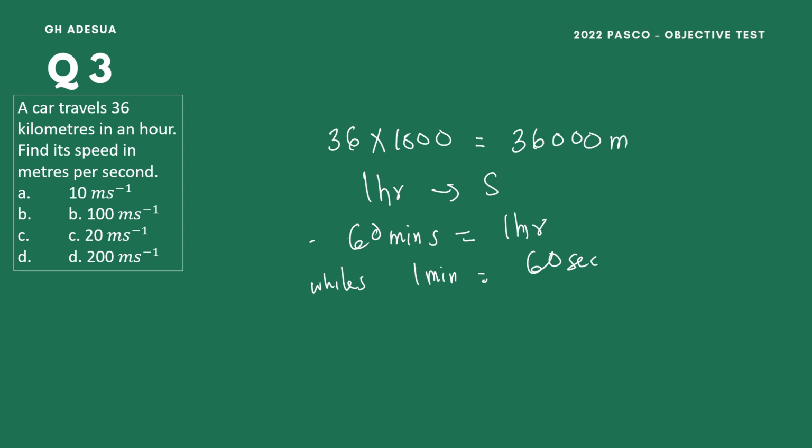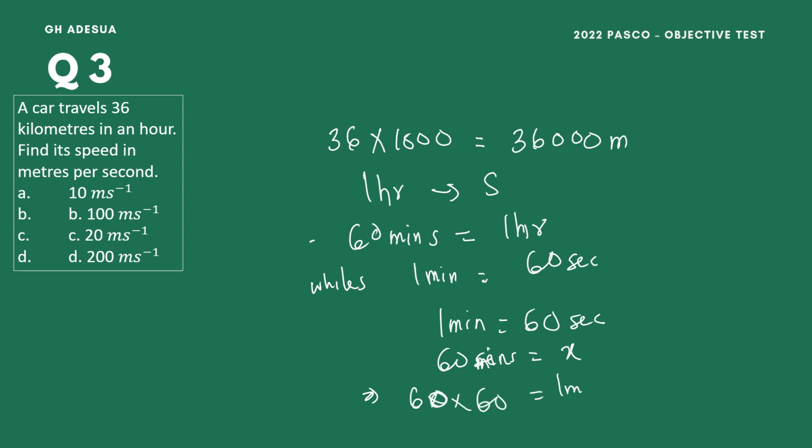So if 1 minute is 60 seconds, then 60 minutes will now be x. From our basic math, we know that it becomes 60 by 60 equal to 1 minute times the x.